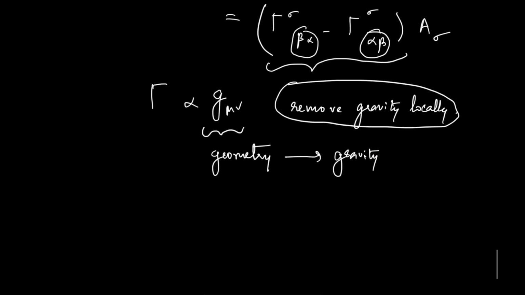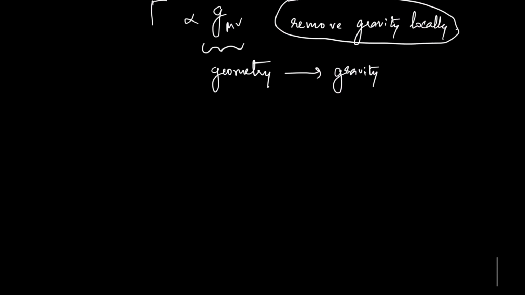So only in general theory of relativity can we assume that the Christoffel symbol is symmetric. In general, the Christoffel symbol is not symmetric. Only in general theory of relativity, if you remove gravity locally, is the Christoffel symbol symmetric, and not in general.